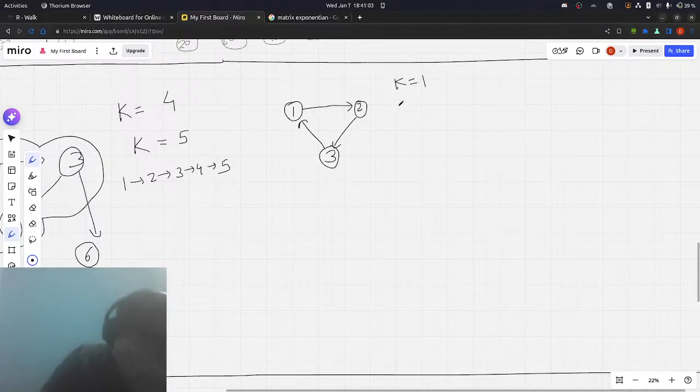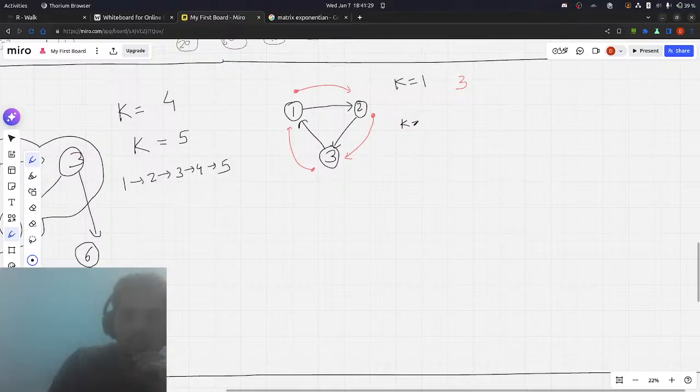So how do we proceed in this? Basically we can have this path starting from 1, this path starting from 2, and this path starting from 3. So we will have 3 paths.